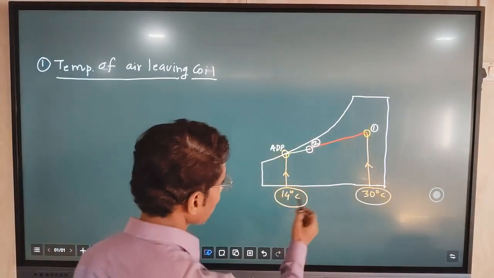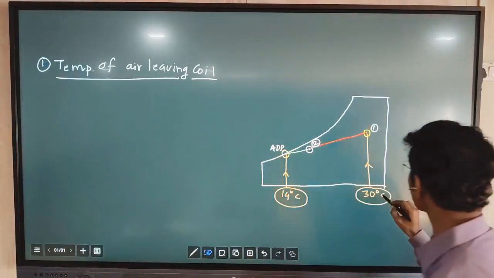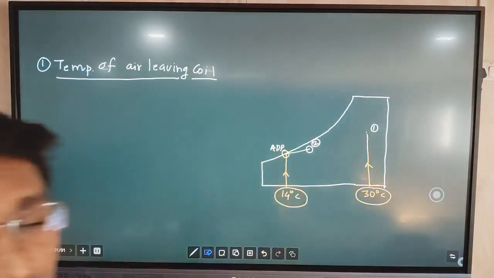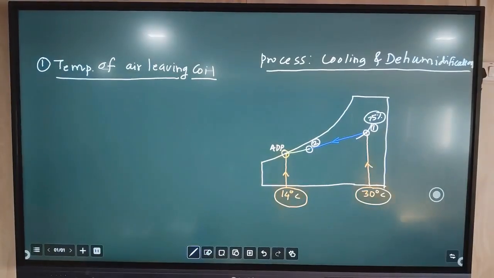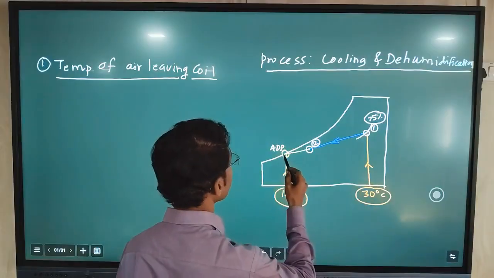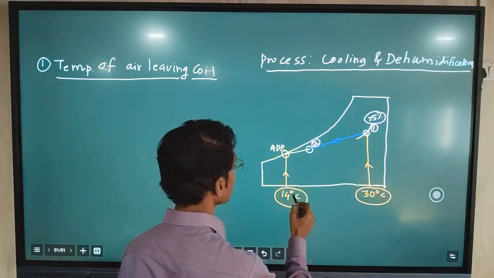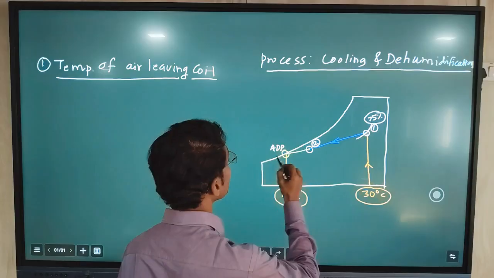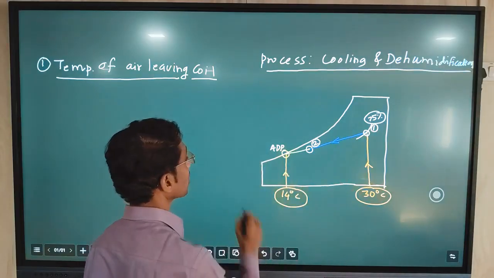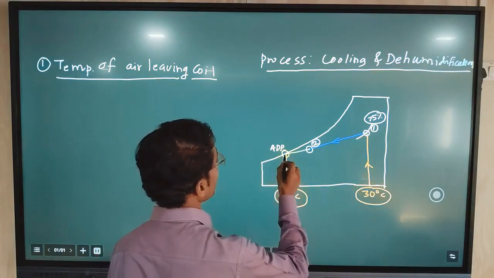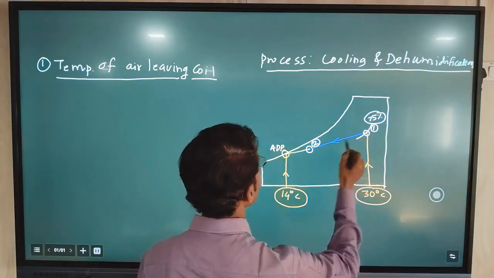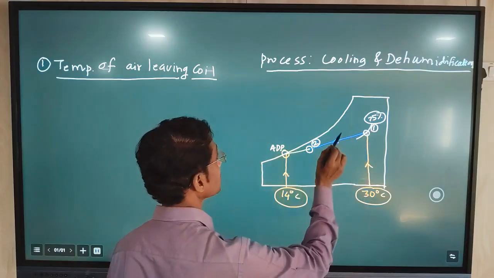As per the given data, here is the combination of 30 degree DBT and 75% RH. So we get this point number 1, and the apparatus dew point temperature is 14 degrees Celsius. All the ADP points lie on this line, which is called the saturation curve. So this is the apparatus dew point temperature point. If you join 1 to ADP, then we find this process.